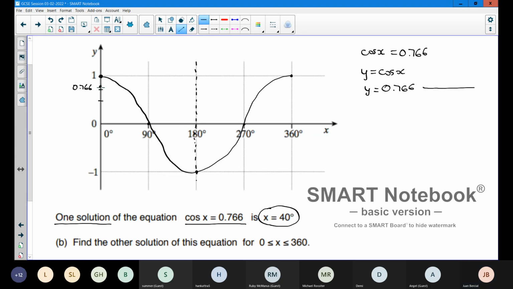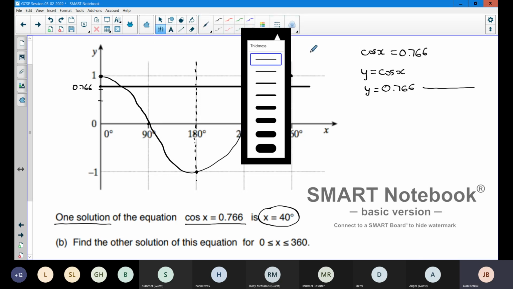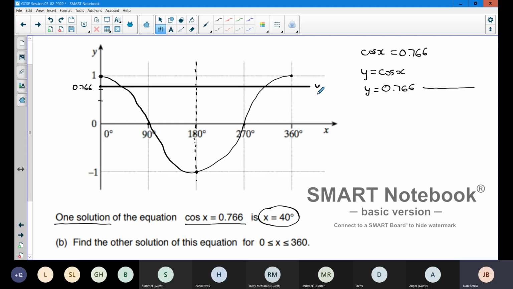So I'm just going to put my line there, horizontal line that I put across, and then I just label it. So y was 0.766. Okay, so they're telling me that when they intersect, that value is 40.